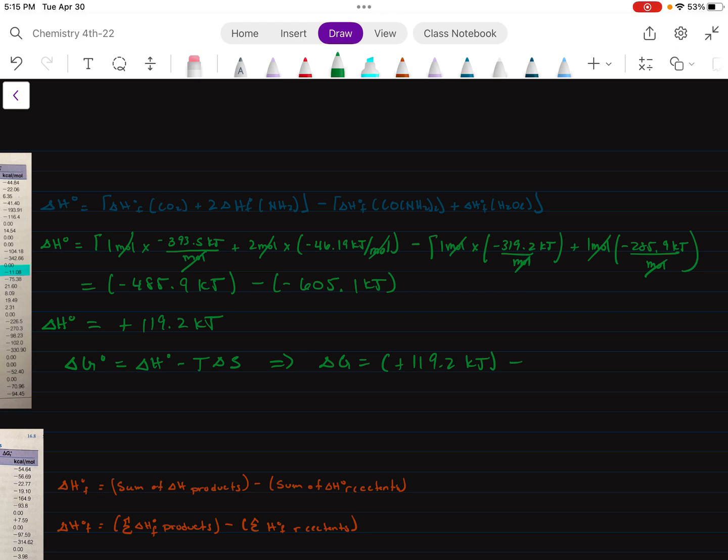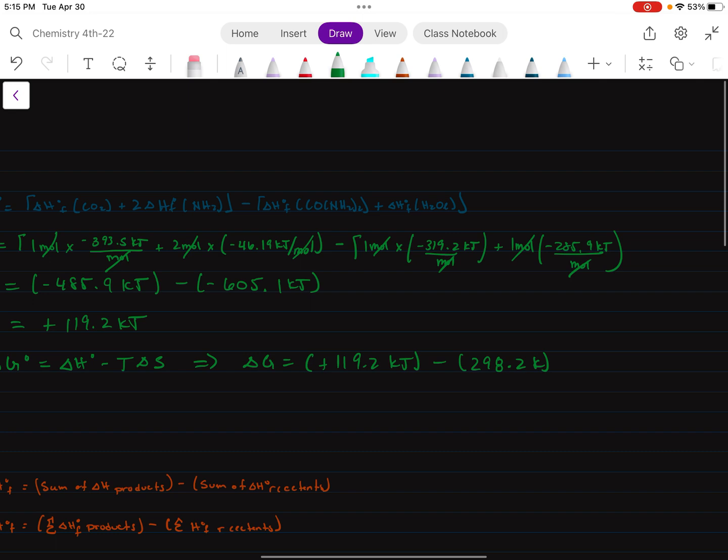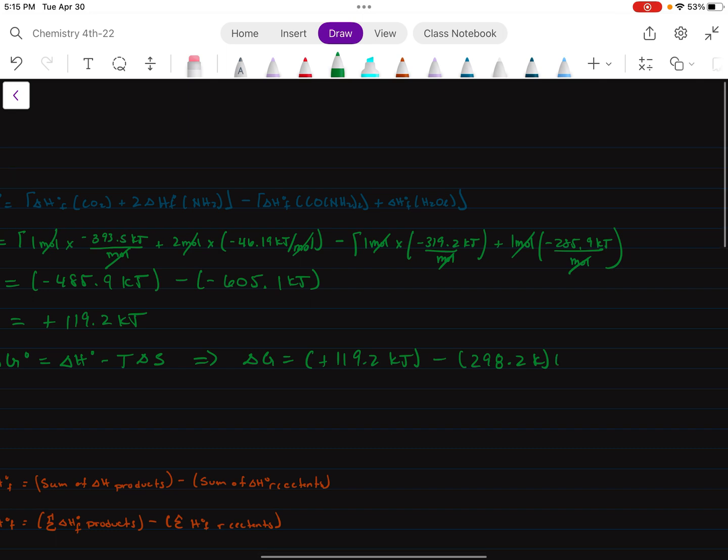Remember, standard temperature is 298.2 K, times the delta S that we calculated before, which in this case should be 0.3548 kilojoules per Kelvin.